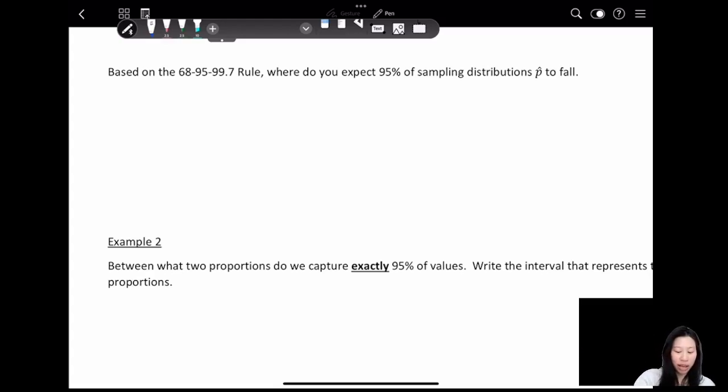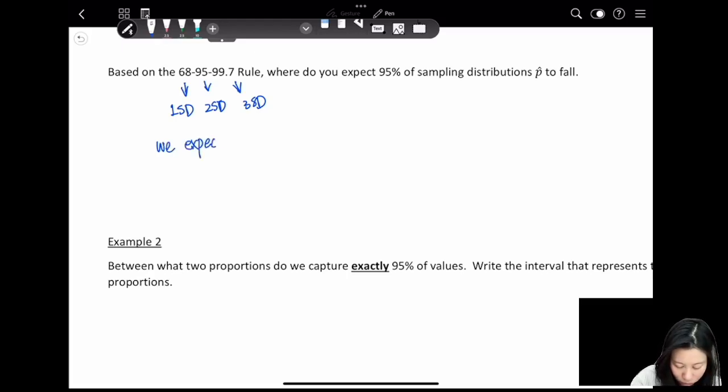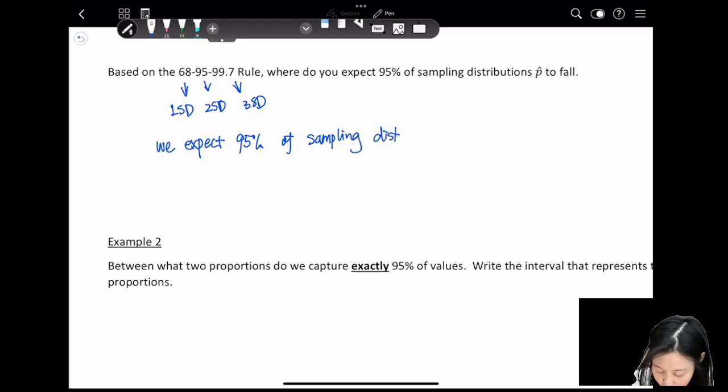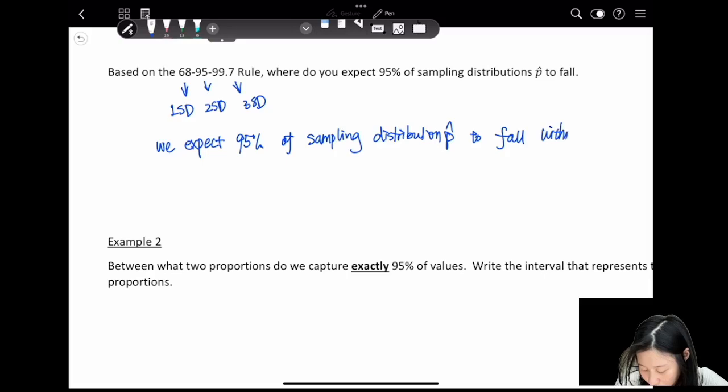Well, we know that 68% is within one standard deviation, and 95% would be two standard deviations, and the 99.7% would have three standard deviations. So we're expecting 95% of our sampling distribution of p hat to fall within two standard errors. In this case, it's called standard error.